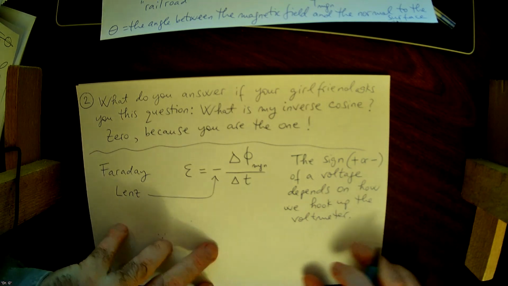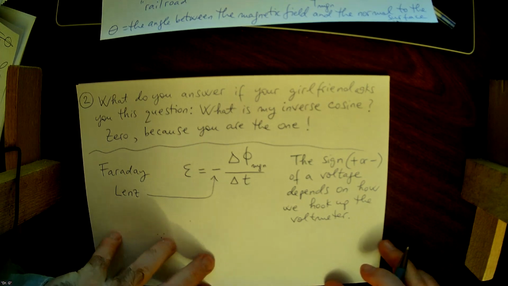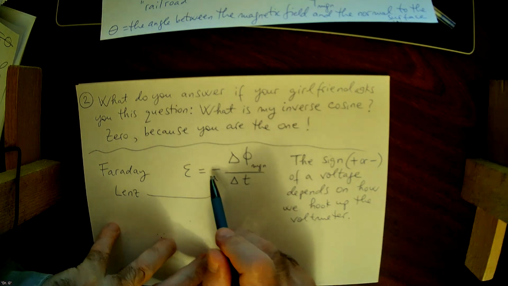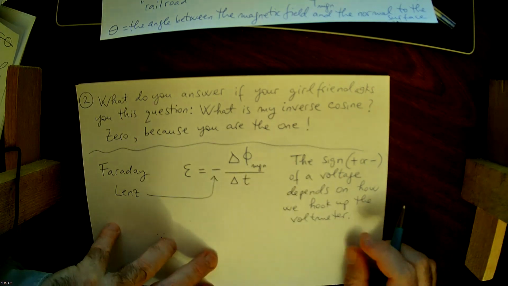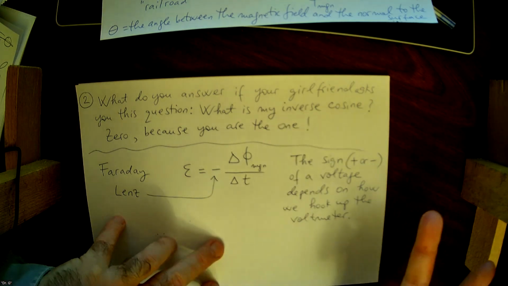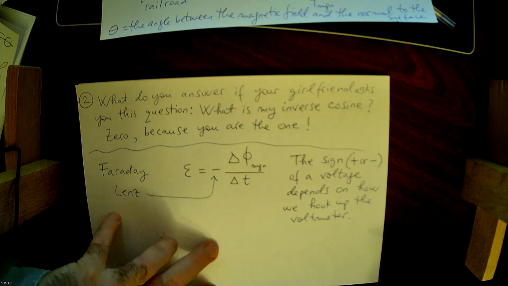So whether a voltage is positive or negative depends on how we measure it. And this minus has nothing to do with the actual sign that you see on the voltmeter. If you swap the leads, the voltage becomes negative.